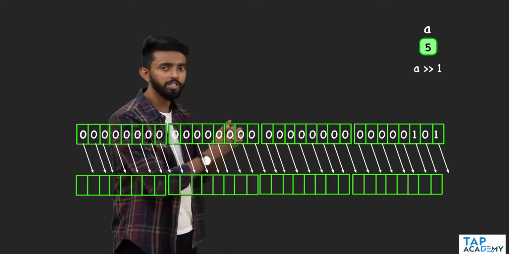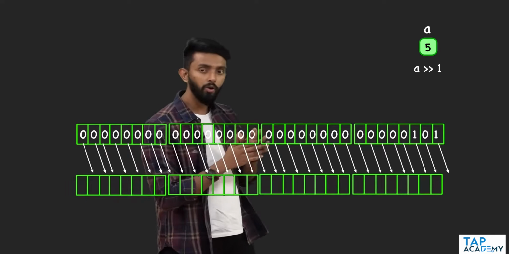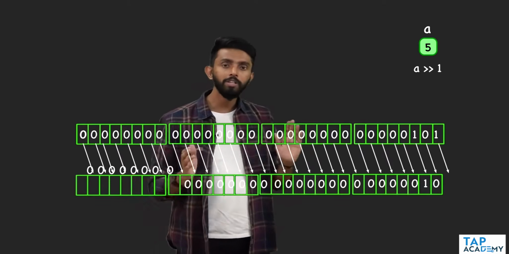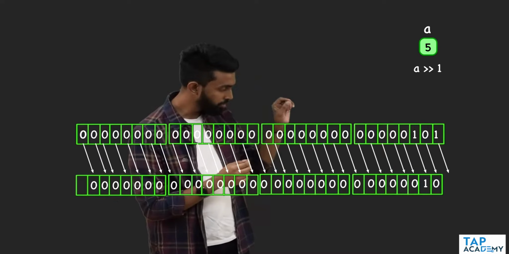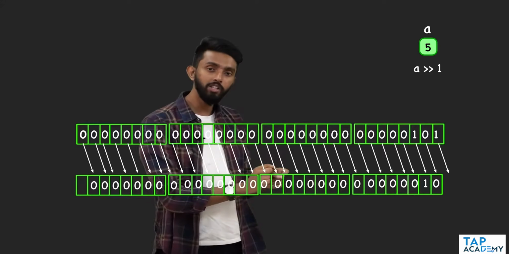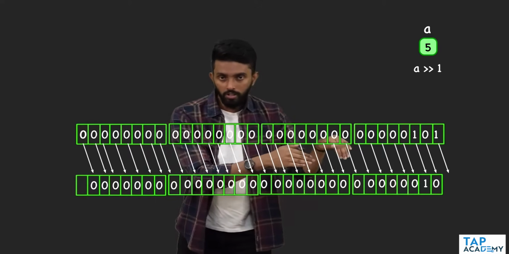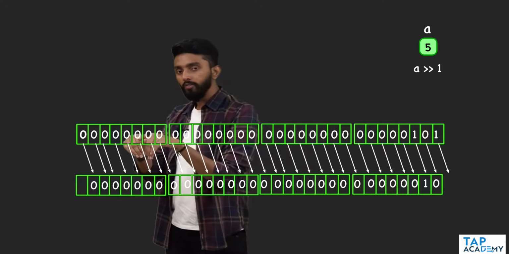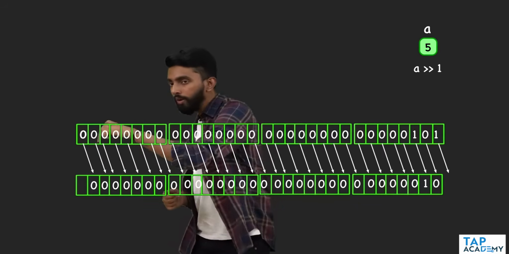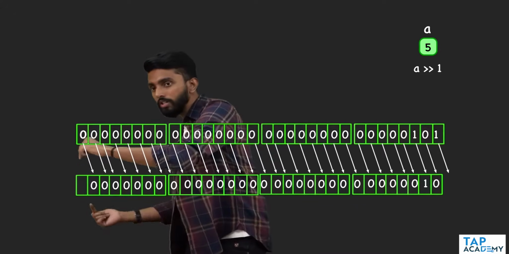Naturally, common sense, that is how it works. Anyways, right now I will lose that last bit, that will go away, but all other bits will come and sit in the respective position, which means the last 2 bits are going to be 1 and 0, and then you can notice everywhere zeros will get filled, but here one void is there. What will get filled here is the question, because here there is nothing.